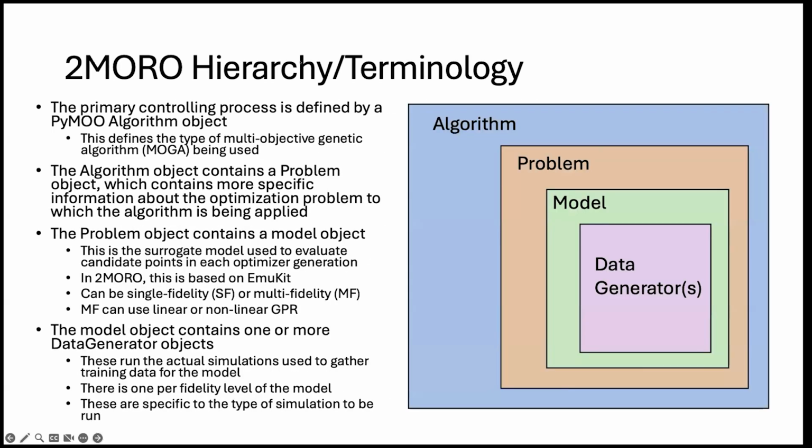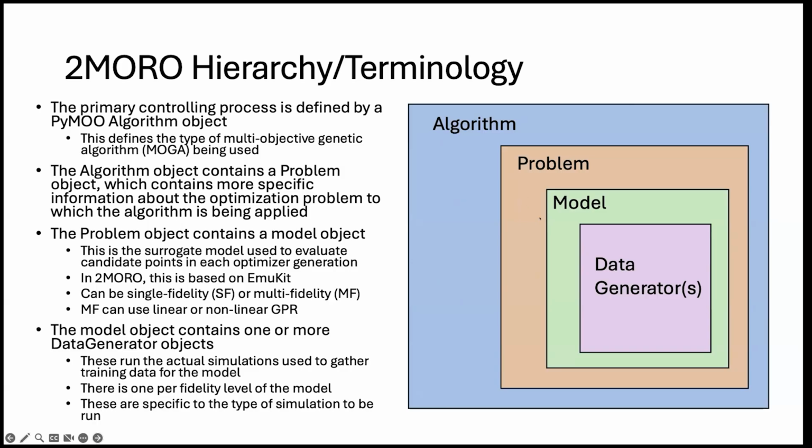So just real quick, so that we all have a common vocabulary, I want to go over the hierarchy and terminology we've been using in Tomorrow. Primary process is a PyMu algorithm object. It's basically the type of genetic optimization that we're using. And that's going to contain a problem object that defines the specific problem that we're working on.